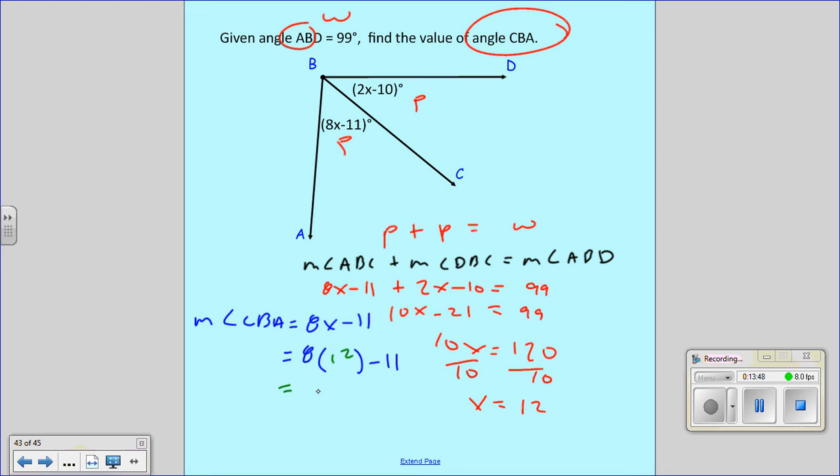And 96 minus 11 is 85 degrees. So the measure of angle CBA is 85 degrees. And this concludes your notes for today.